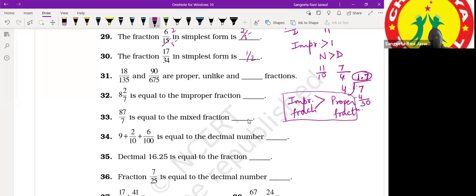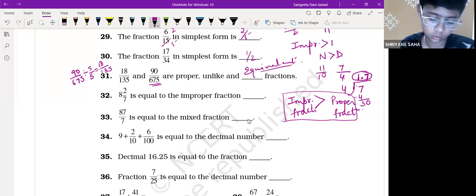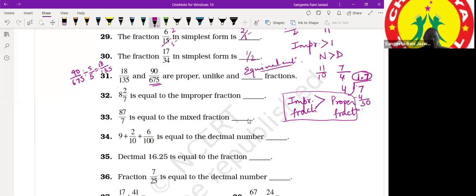Yes. See, when you reduce 90 by 675, when you divide it by 5, you get 18 by 135. So this is equivalent also. Okay, children? So it can be reduced.